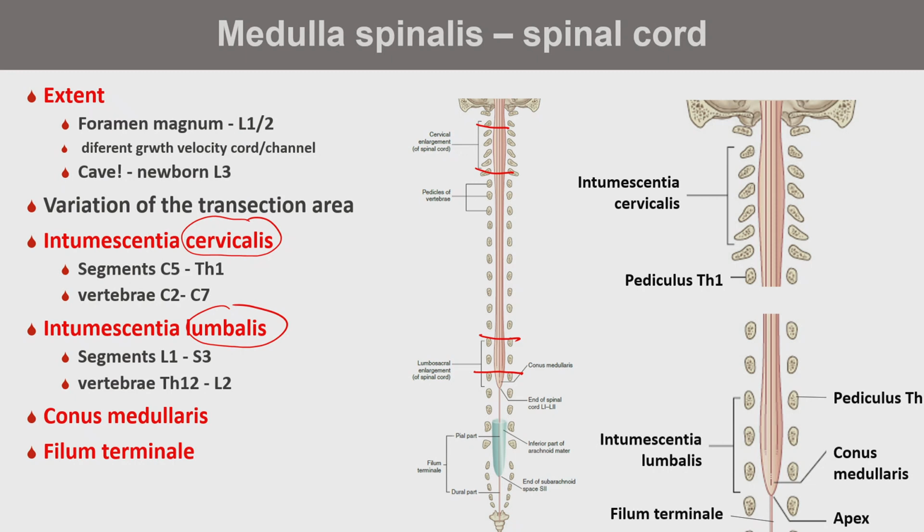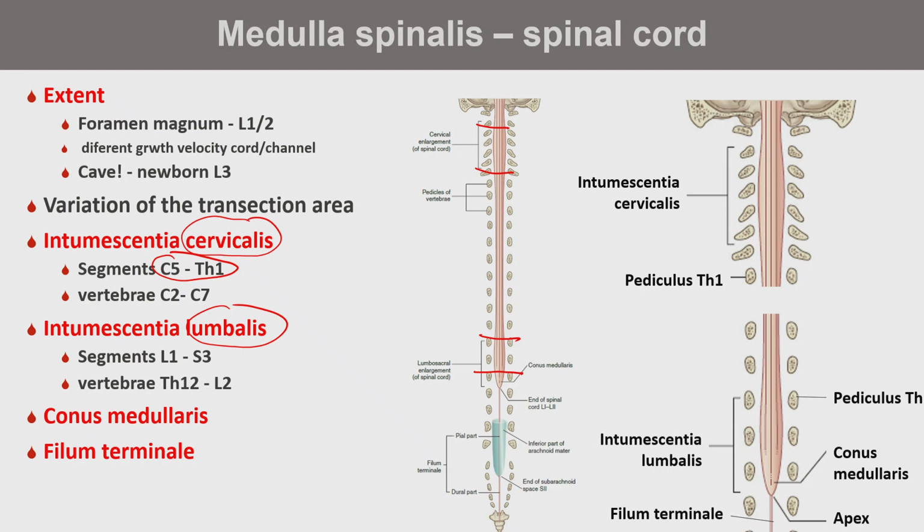So then we are talking about intumescentia cervicalis, cervical intumescentia, which contains spinal segments C5 to TH1, and it is corresponding, if you remember, to the segments of the brachial plexus in humans.